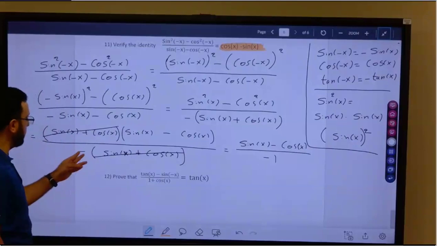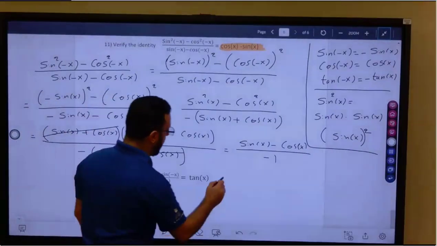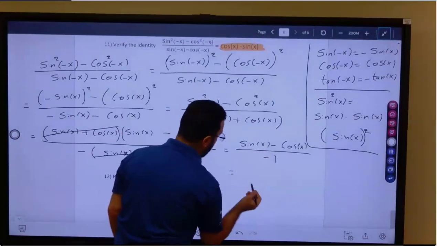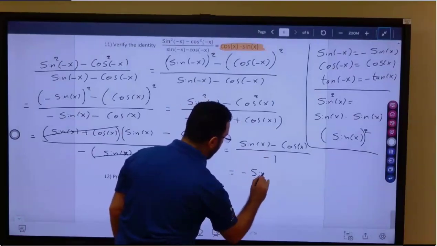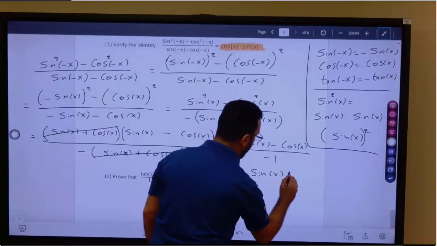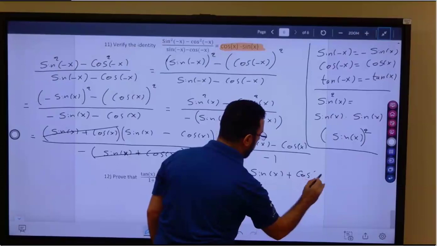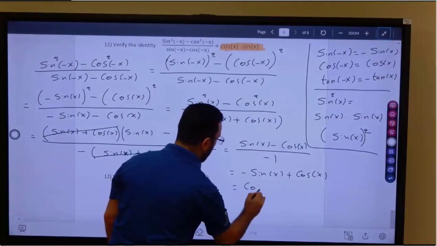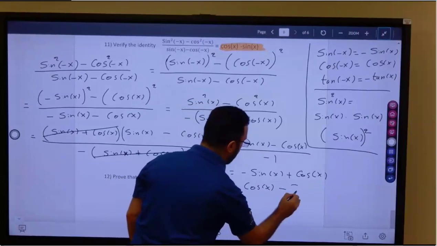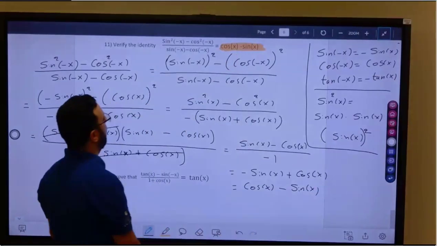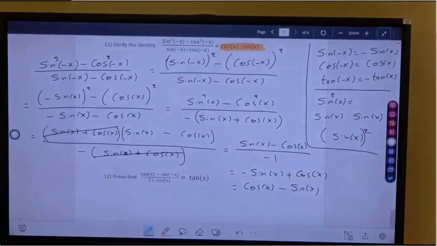The negative sign means negative 1. So now negative 1, negative sine divided by negative 1, you can change the sign, is negative sine x, divided by negative plus cosine x, which is the same thing as cosine x minus sine x, and that's what we have on the right side.